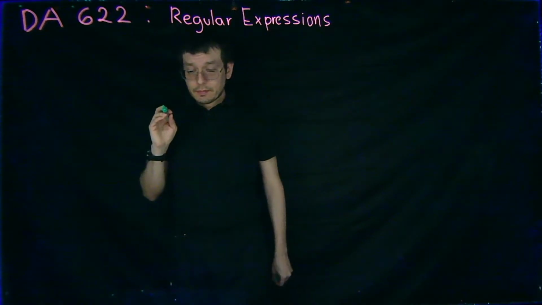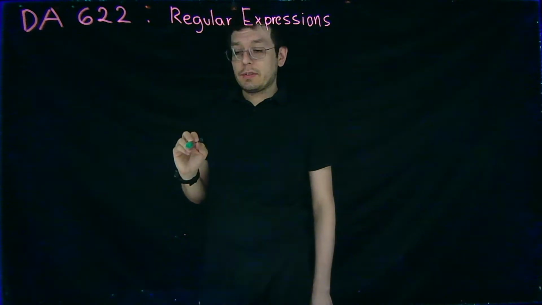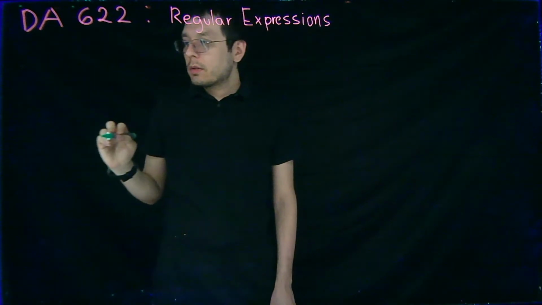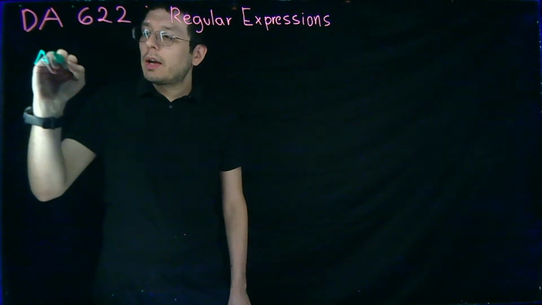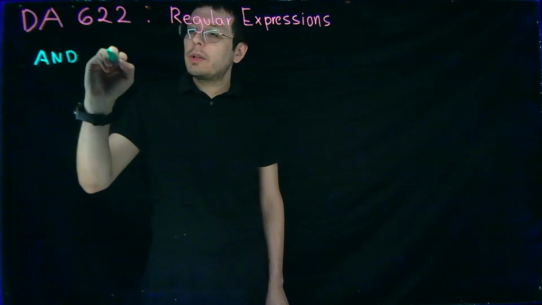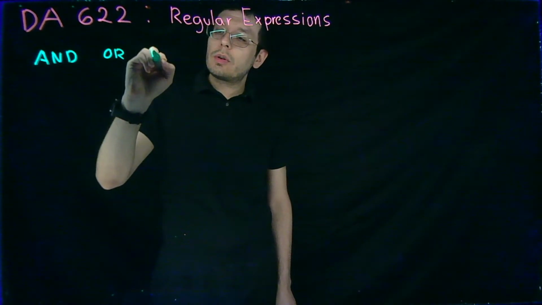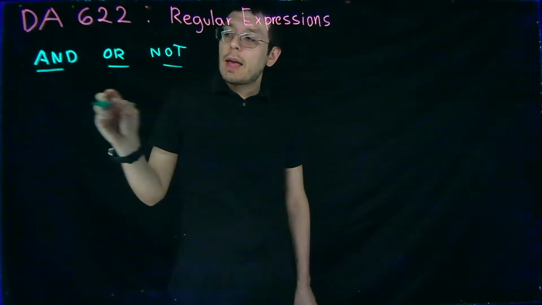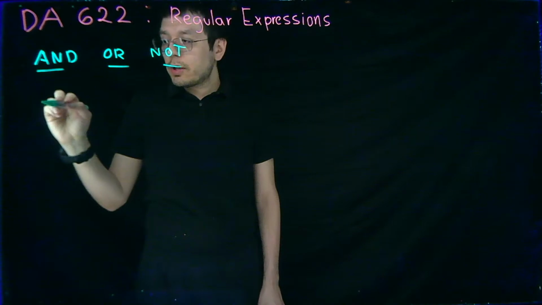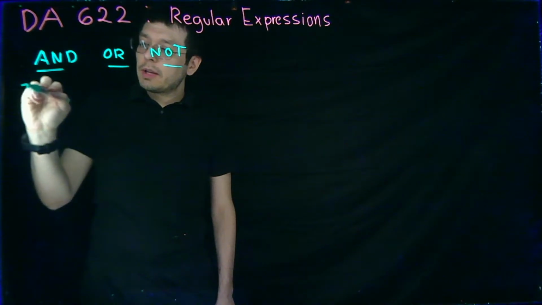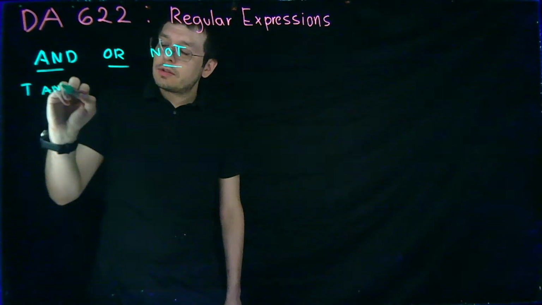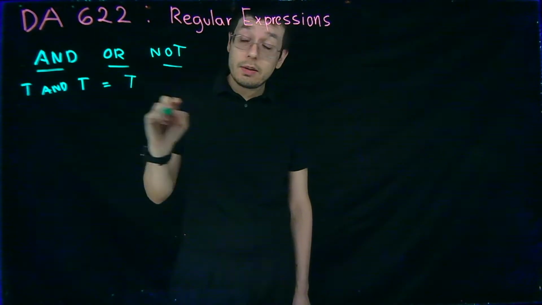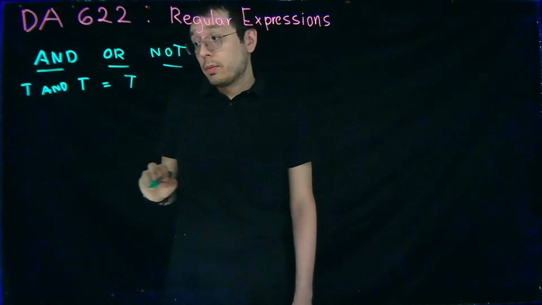So let's go back to the basics, just to make sure we're on the same page. Let's talk about Boolean algebra, okay? So we know when we have Boolean algebra, we have three main things that we need to know. We have and, or, and not, right? So we know that if we are anding two things, so if we have our little truth tables, something and something else is going to be true if both pieces are true, right?